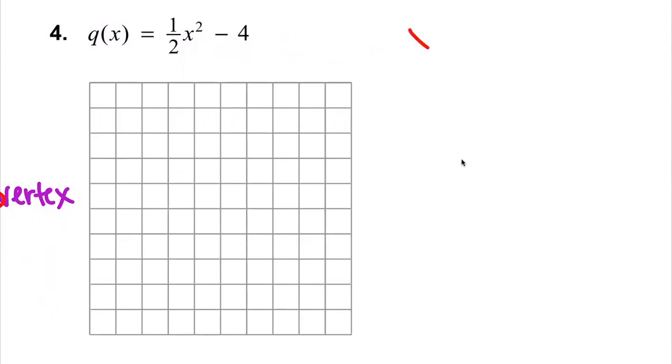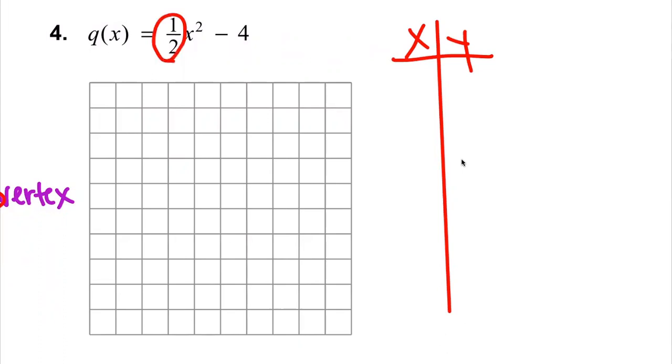Okay, so when you graph this, let's talk about how this is going to be wide and shifted down 4. When we plug in 0, we're going to get -4.